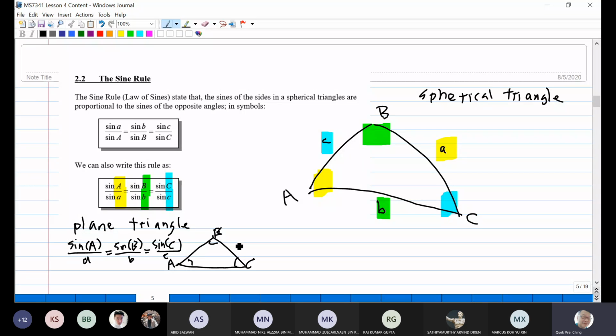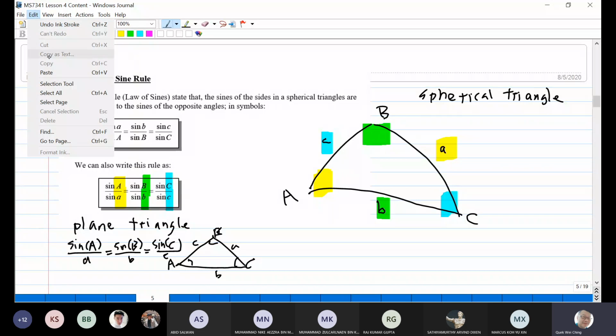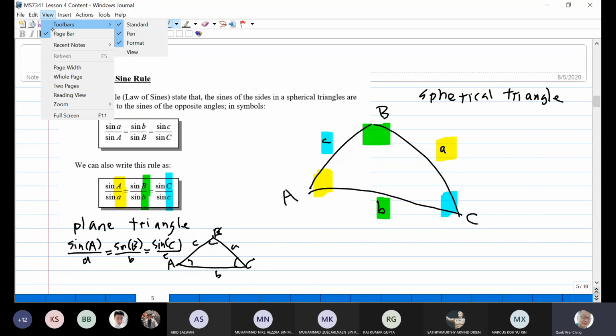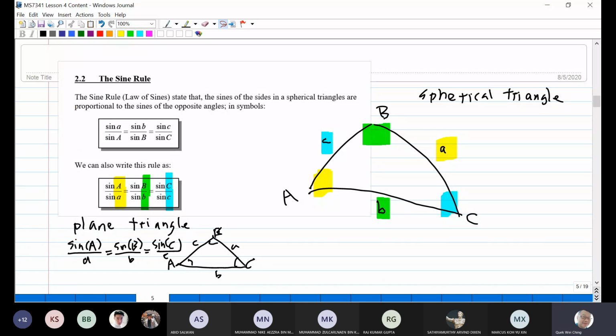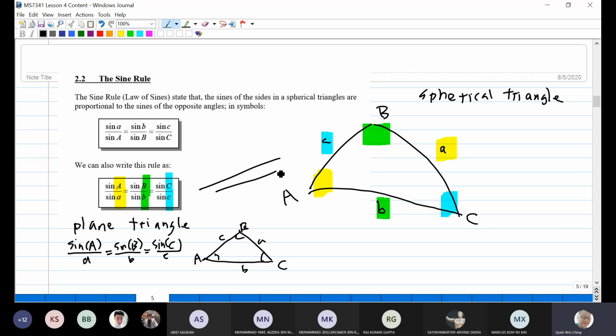This is for the plane triangle. So you notice the difference between the plane triangle and the spherical triangle.